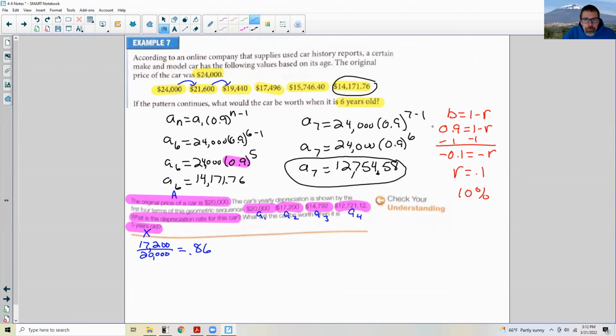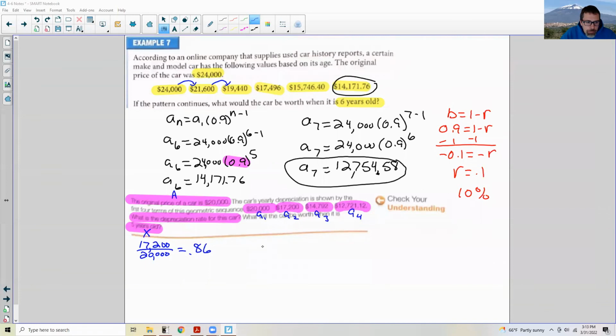Up here, going back to the last problem, R was 0.9. That's our B. So now I'm going to write A sub n equals A sub 1 times 0.86 to the power of n minus 1.